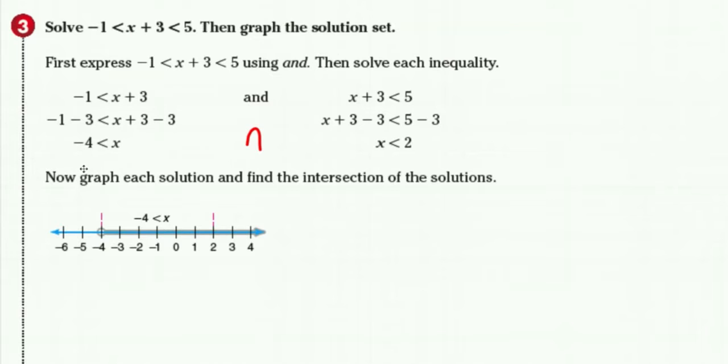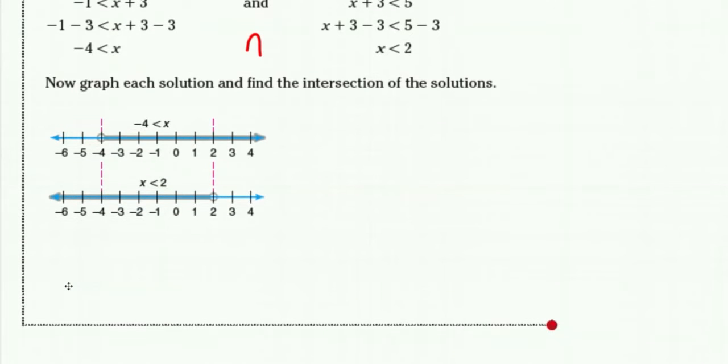Okay, so if we do that, graphing the first one, negative 4 less than x, will give you an open dot on negative 4. Since it's pointing away from the variable, the arrow goes to the right. And graphing x is less than 2, you have an open dot on 2, and since it's pointing to the variable, the line points to the left. Now if you notice, the pink line indicates the boundaries between the two, negative 4 and 2, and you simply bring down that open dot to the third graph, and that open dot to the third graph as well, and simply draw the line in between.